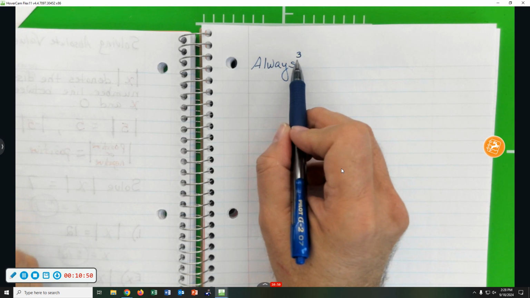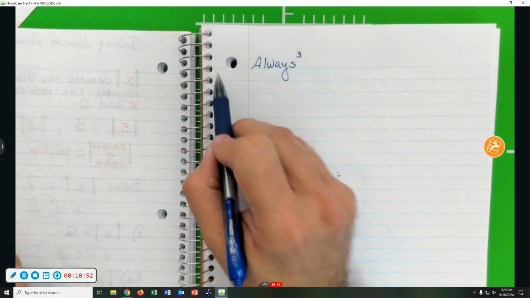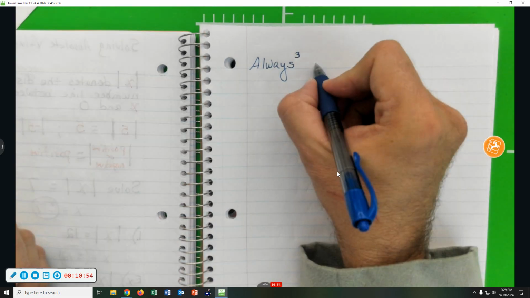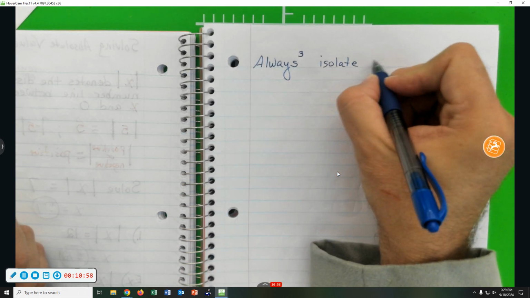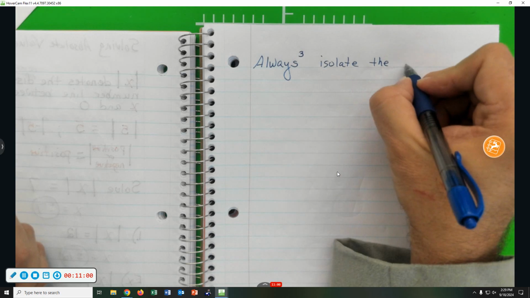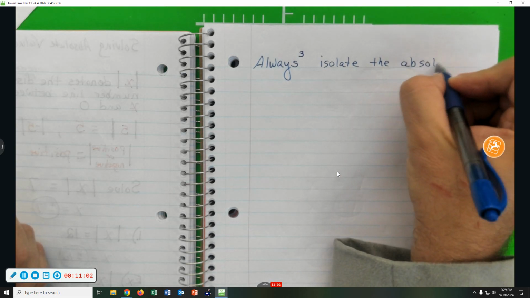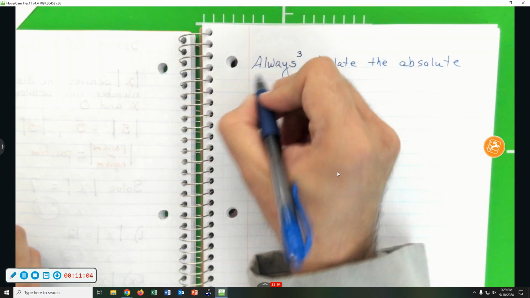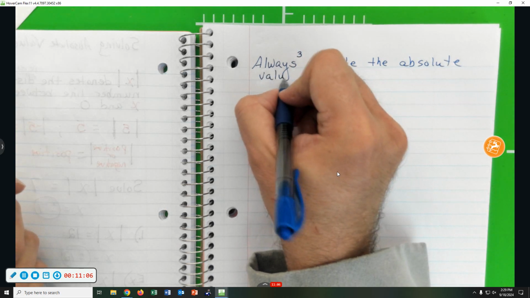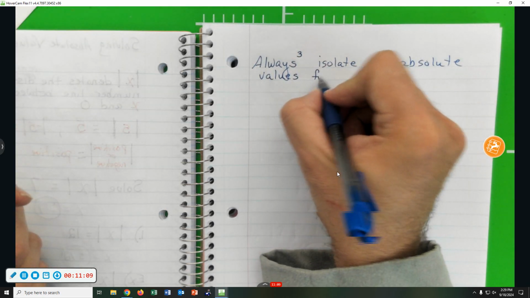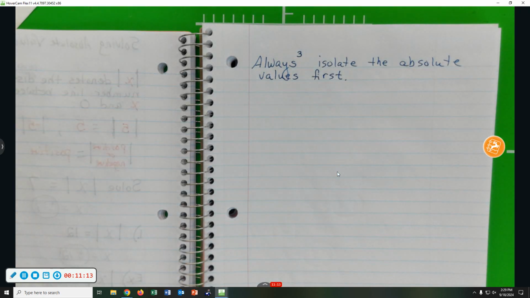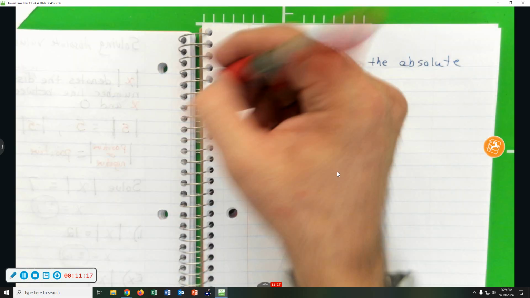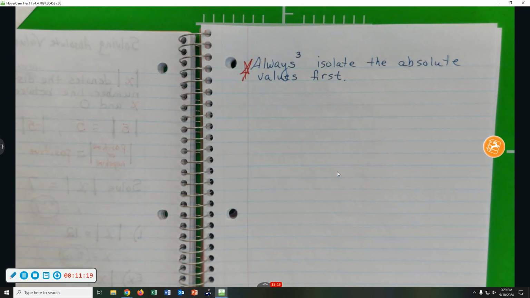Always isolate the absolute value bars first. If we come across any where the absolute value bars aren't by themselves, we're going to have to use a little algebra and isolate them. So always isolate the absolute value bars first, and I'll put a little red star there.